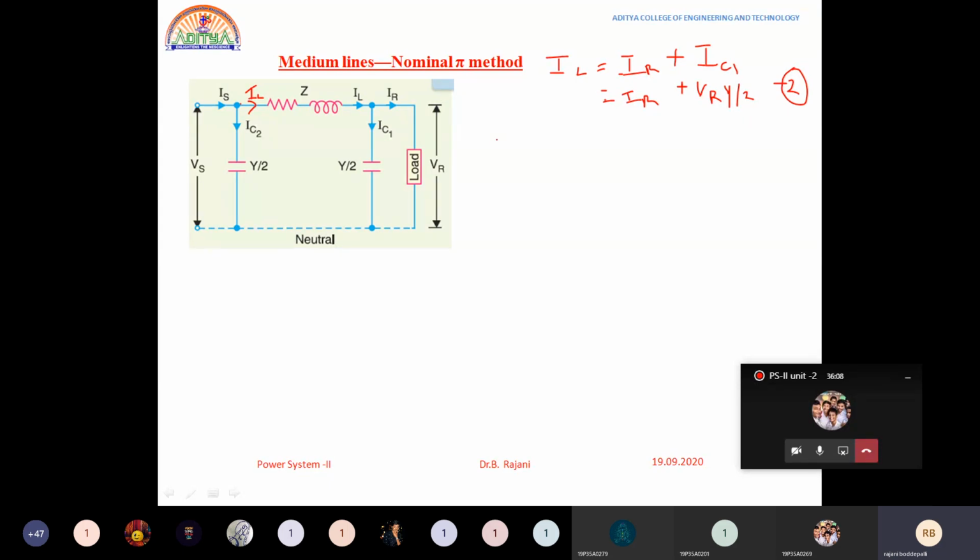Now Vs I know from the equivalent circuit diagram: Vs is equals to VR plus IL into Z. This is the equation 3, the sending end voltage. Can I substitute this value of VR? All are vectors over here, you have to put bar.